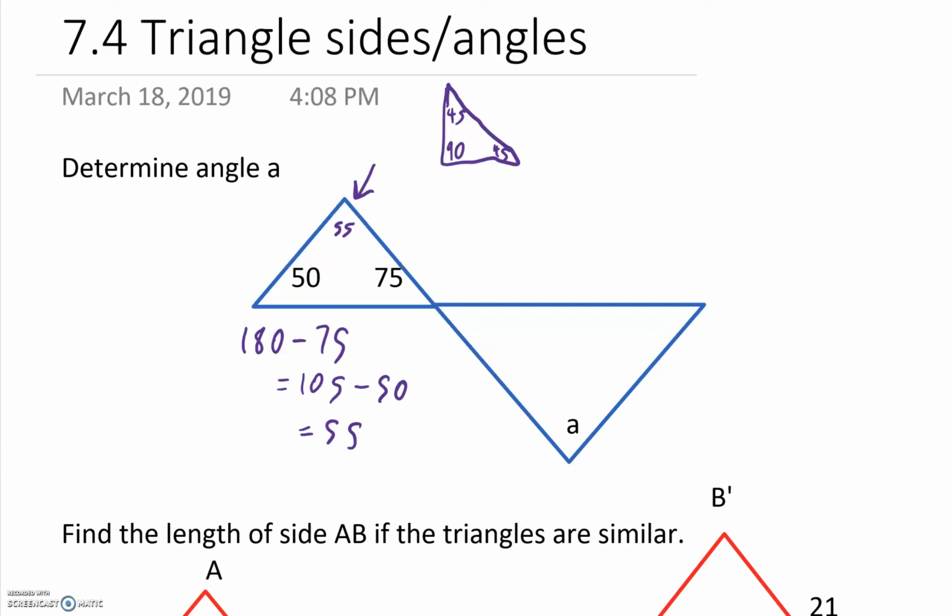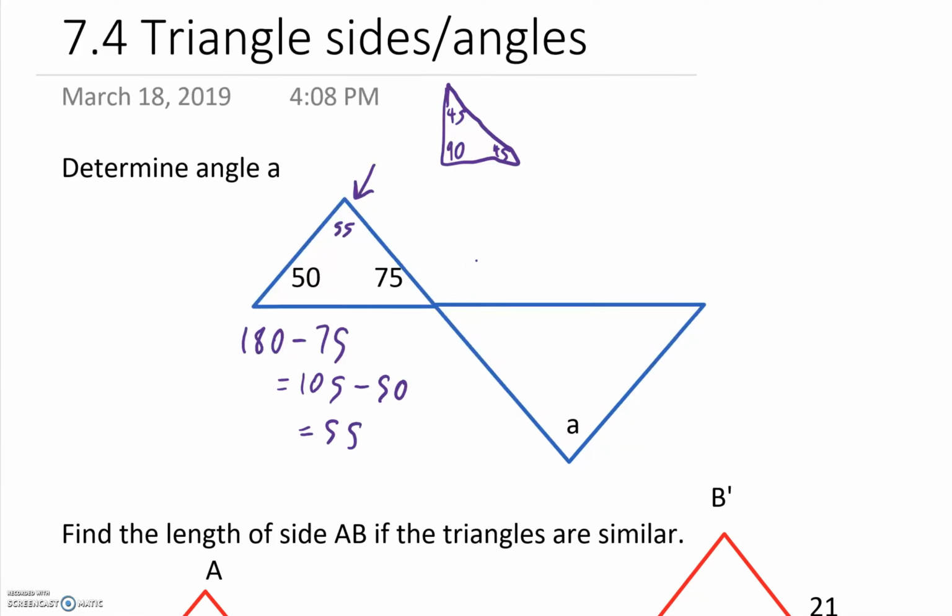But what's really important is if you look at this line going all the way across here, right? That is a straight line, all parallel with one another. That line and that line are parallel. Okay? They're actually the same line. Same with this line and this line. They're parallel. Okay?